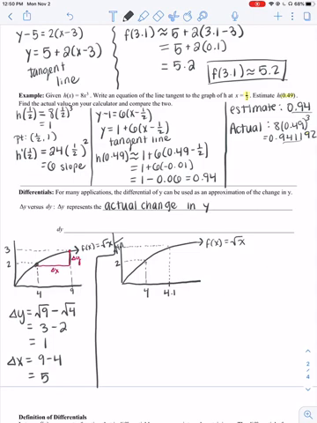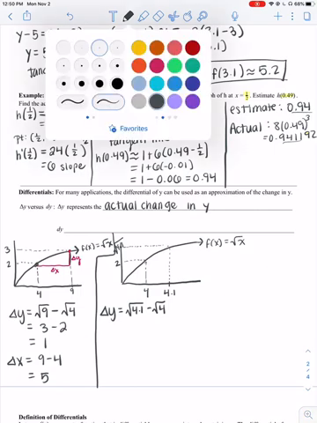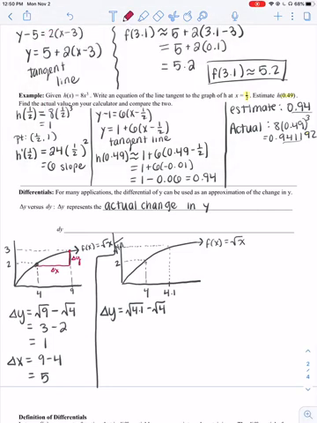Now, if I asked us to find the change in y again, now we would have the change in y is the square root of 4.1 minus the square root of 4. And we know the square root of 4, but we don't know the square root of 4.1 because I forgot my calculator today. So this is where the tangent line is going to come in, and this is where I'm going to really explain the difference between delta y and dy.